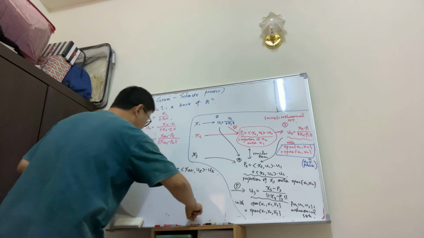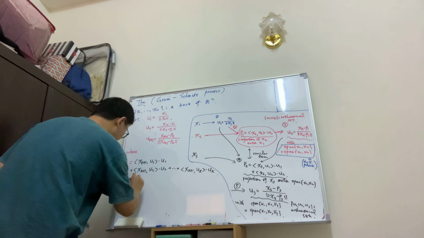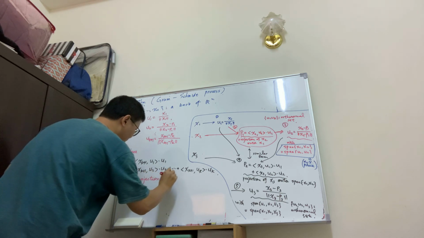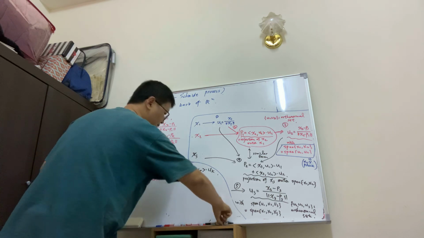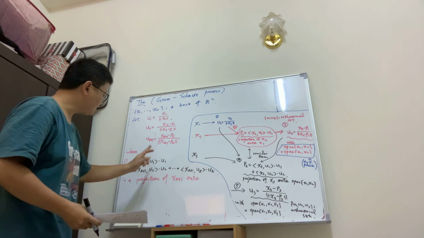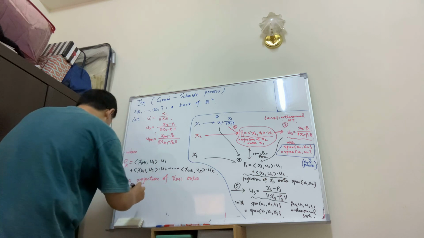And this vector is a projection of S(k+1) onto the span of U1, U2 until Uk, which also means the span of S1, S2 until Sk.